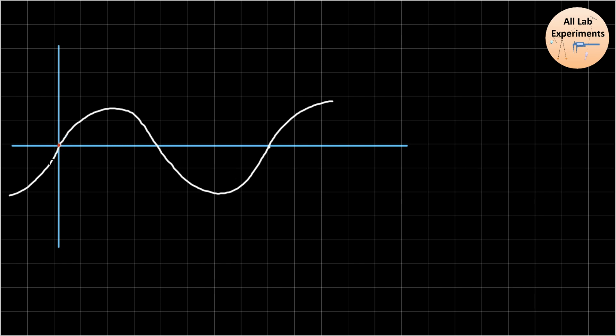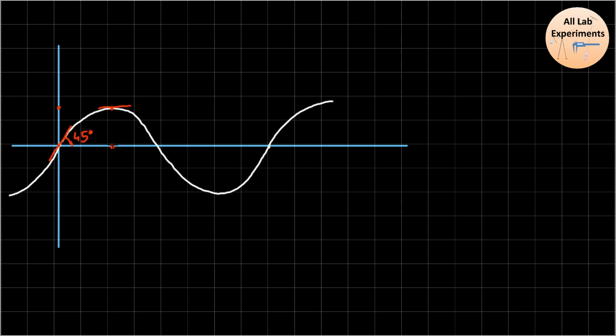At this point, if you draw a tangent, its angle is 45 degrees and the slope tan 45 degrees is 1. So I can draw the value of its slope on the same graph. Now move to this point. If I draw a tangent here, the angle is 0, so tan 0 is 0.